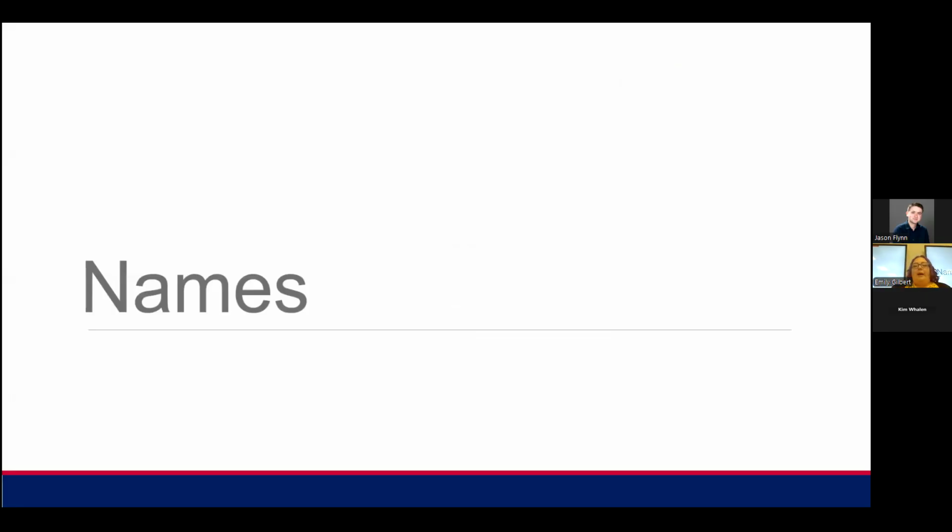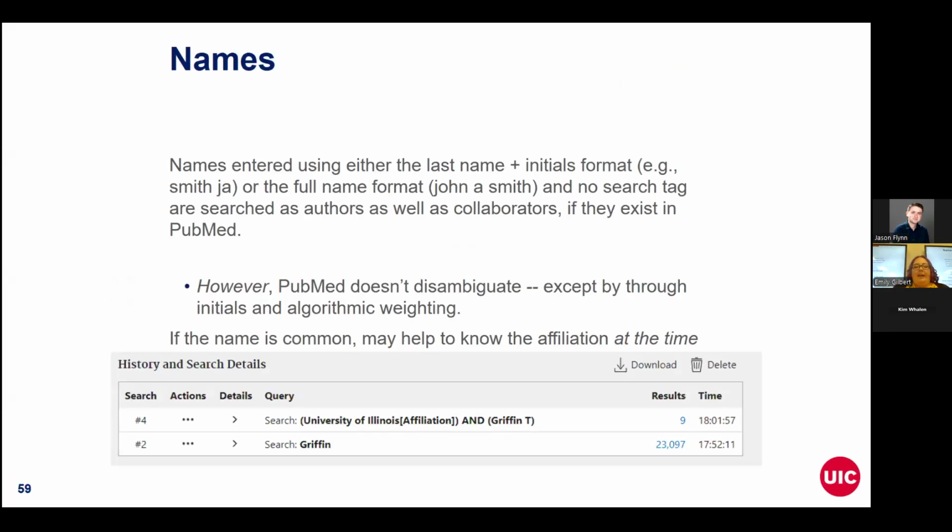Names are also an interesting thing in PubMed. If you put in the last name plus first and middle initials, or just first initial, or the full name format and no search tag, it'll search the author as long as they exist in PubMed. But PubMed does not disambiguate, other than through initials and algorithmic weighting.